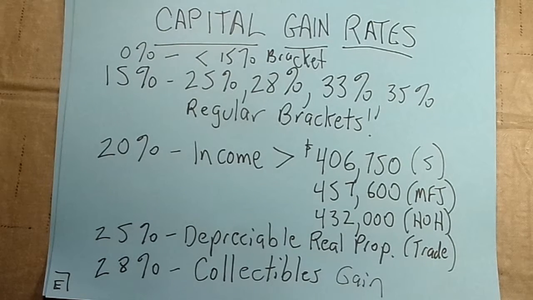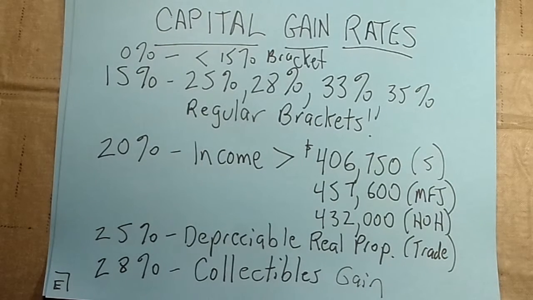Taxpayers who have a lot of income, more than $406,750 for a single taxpayer, more than $457,600 for a married filing joint taxpayer, more than $432,000 for a head of household taxpayer, find that their capital gains are taxed at 20%. For depreciable real property, the capital gains rate is 25%. And for collectibles, it's 28%. Now, these rates also vary depending on whether they're short or long term.